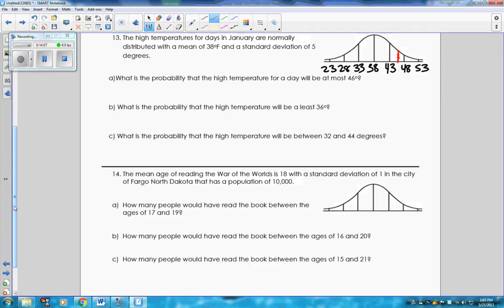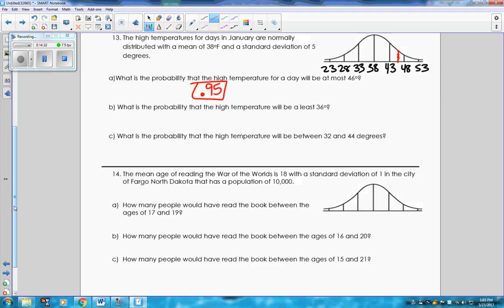When you plug in your lower bound, you should plug in negative infinity, because the most it can be is 46, so it can be below 46. Then for your upper bound, you should plug in 46 with the mean of 38 and a standard deviation of 5. When you paste that into the calculator, you should get 0.95.